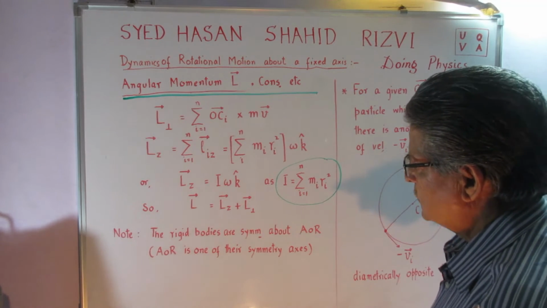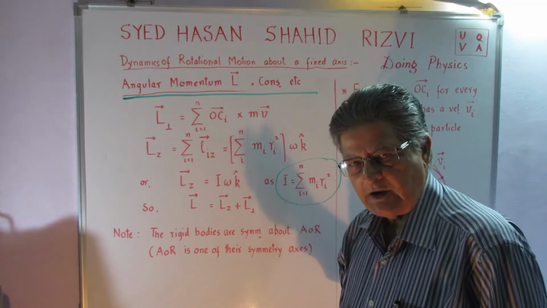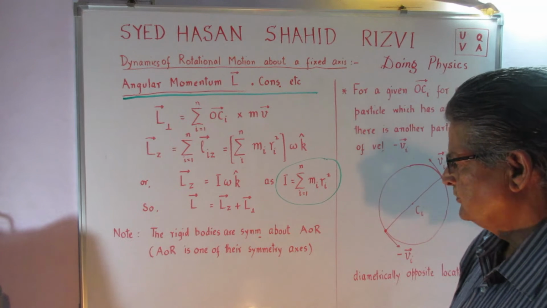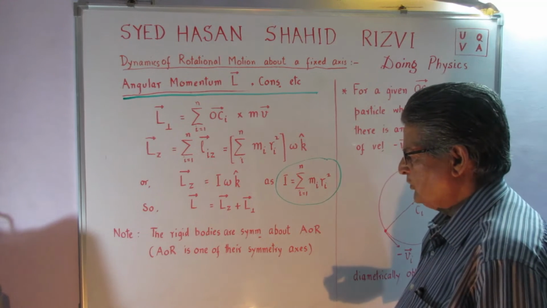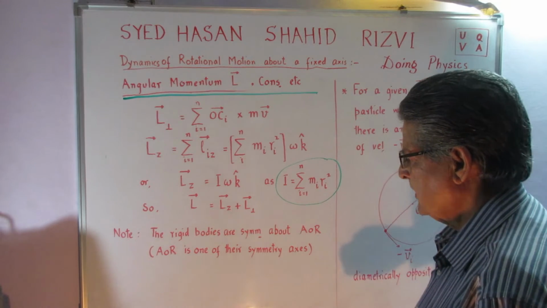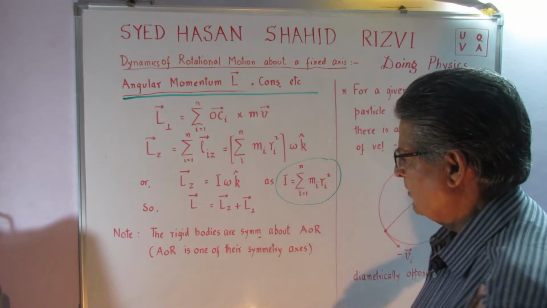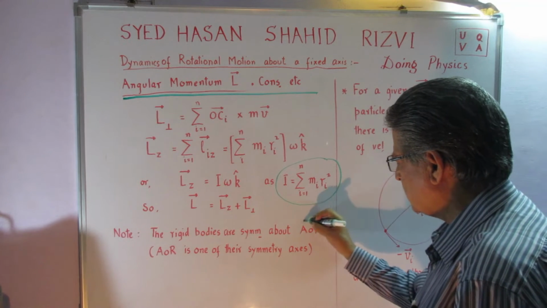So I can write L again as Lz plus L perpendicular. But we have to see that the rigid bodies that we are considering over here are symmetric about the axis of rotation.